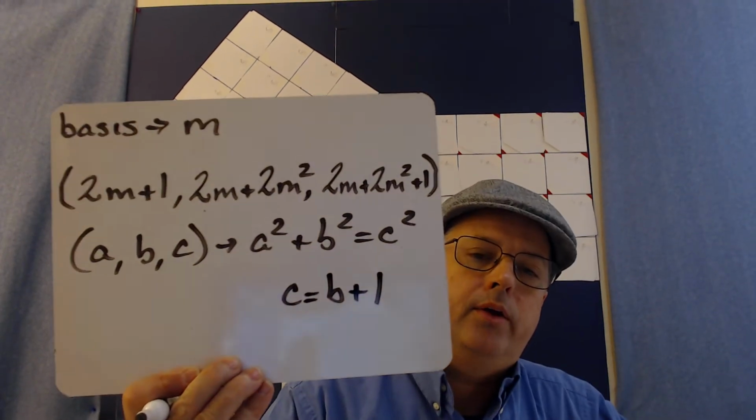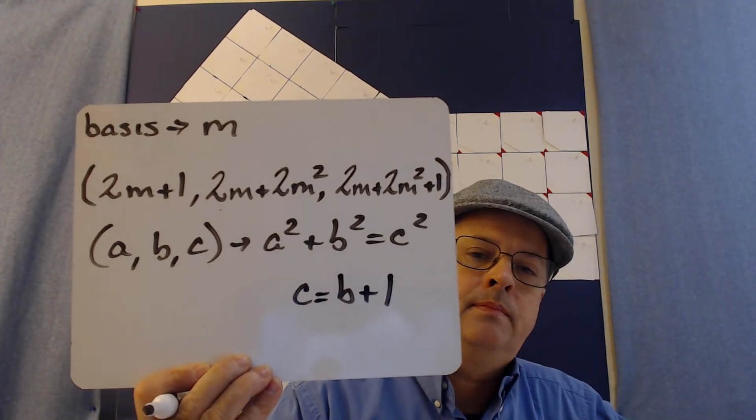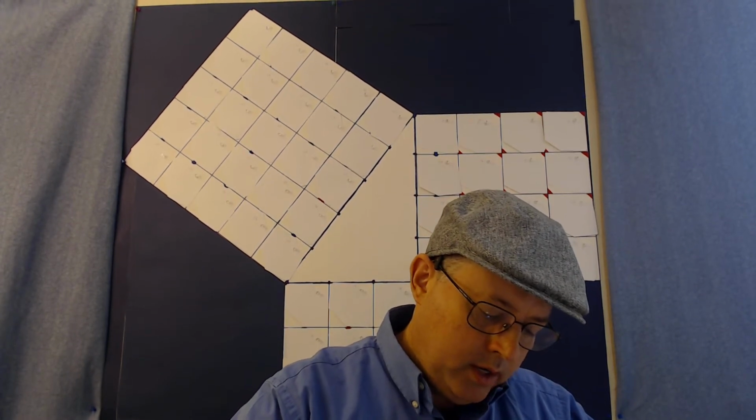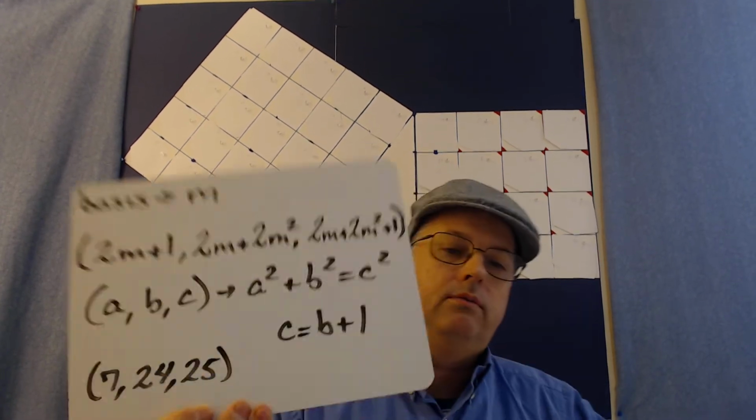And in this arrangement, the c value was 1 more than the b value. And from the previous videos, one of the Pythagorean triples that we generated was 7, 24, 25, for example.